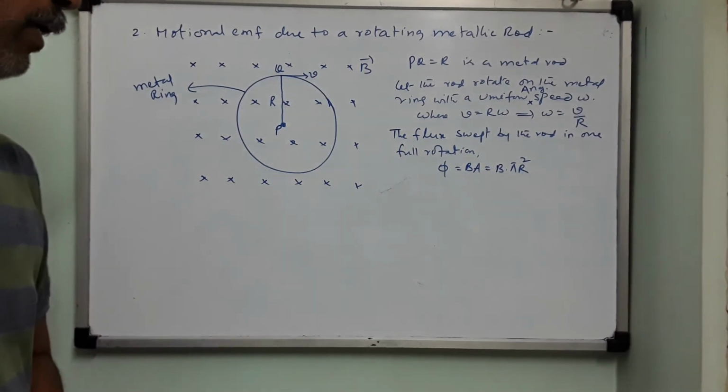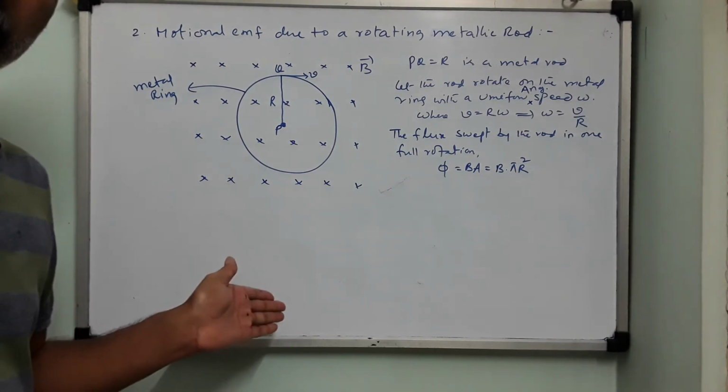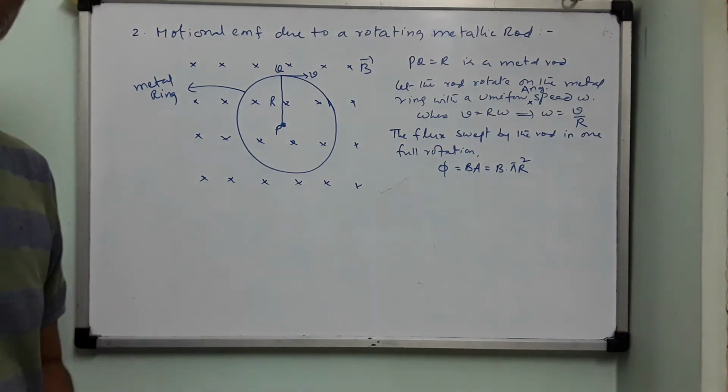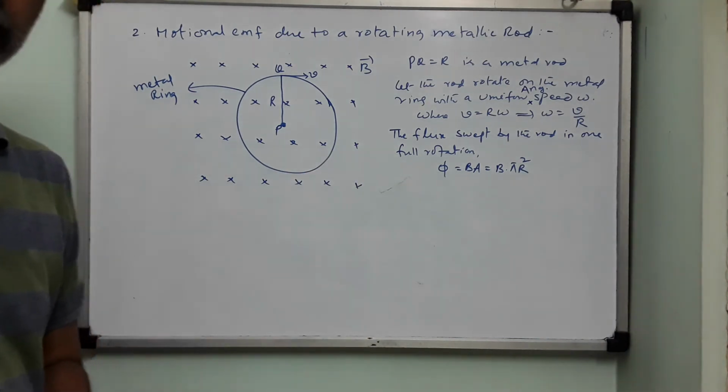The flux swept by it is pi r square. So earlier there was 0 flux, children. Now the flux is increasing from 0 to B into pi r square. Before rotation flux was 0. After one rotation flux is B into pi r square.